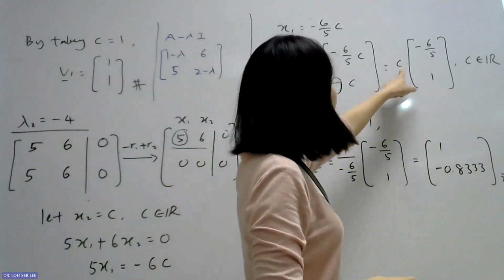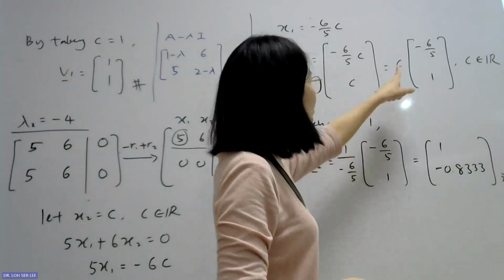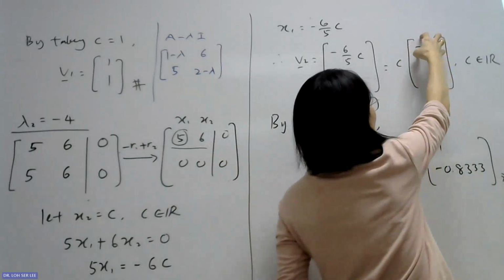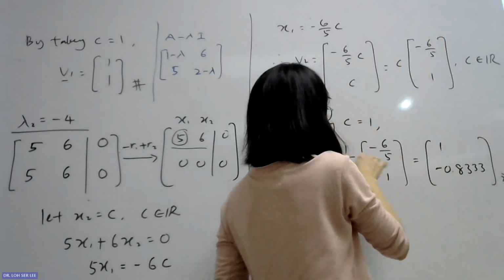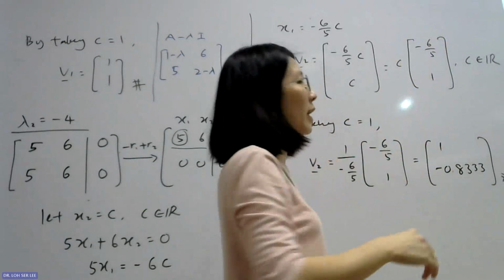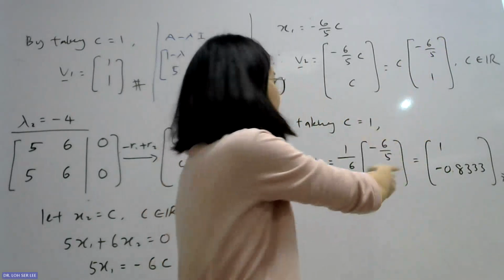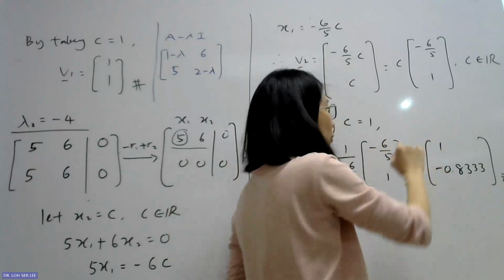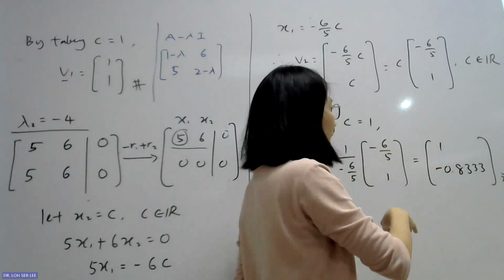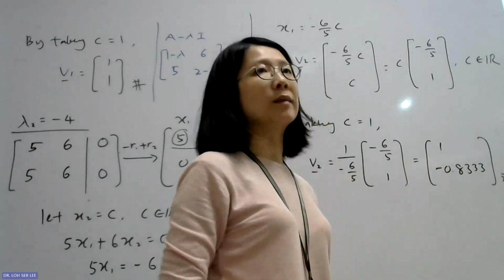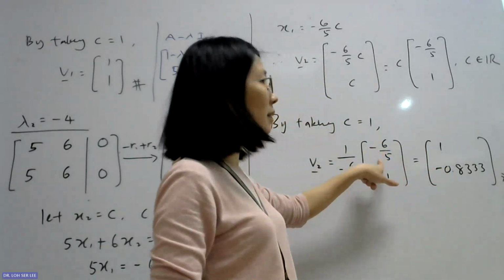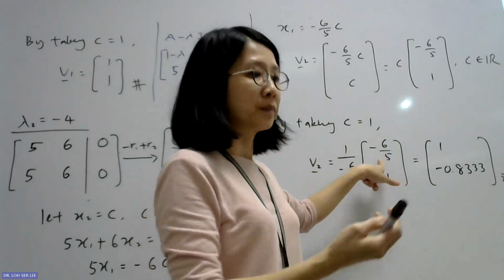Let's see one first. Then we choose the entry with the largest magnitude, and we divide all the terms by that value. After you divide, this cancels with this, and automatically you get 1. The rest of them must be less than 1, because this has the largest magnitude.